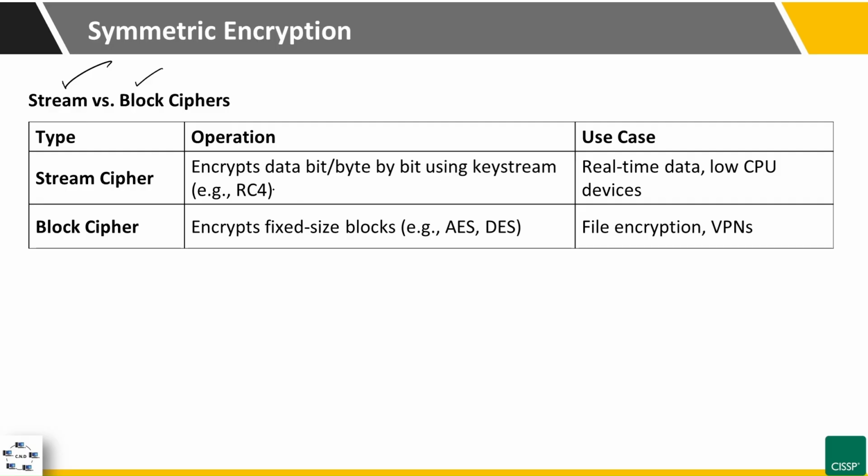An example of a symmetric stream cipher is RC4, and its use case is to encrypt data in real time, and it is used in low CPU devices. Block cipher, as we studied, encrypts fixed-size blocks, for example, AES and DES, and it is used for file encryption and VPN, or virtual private network.